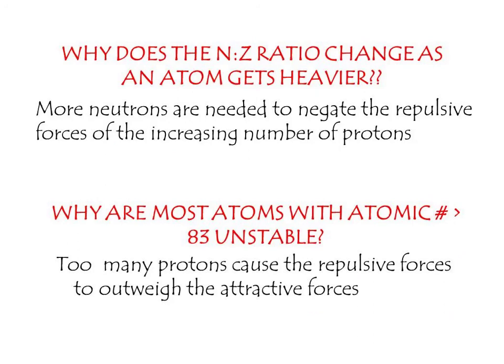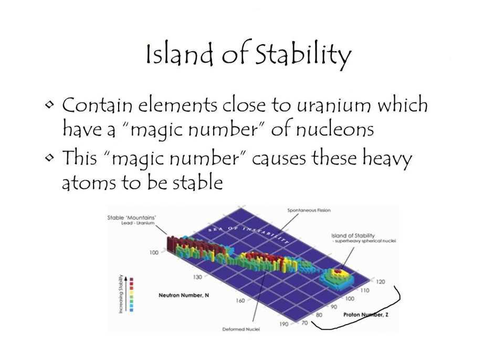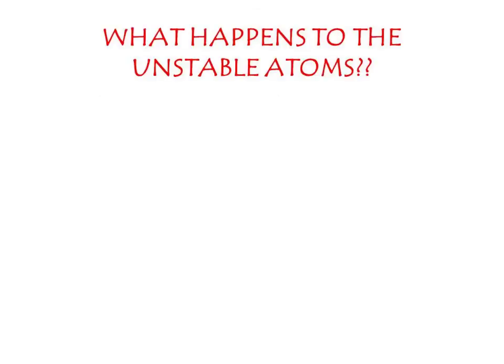Typically, for the most part, they have too many protons compared to neutrons. Now there's always the island of stability, which has elements that have this magic number where you have enough neutrons that negate these repulsive forces, and so this is where these heavy atoms are stable. So what happens to the unstable atoms?